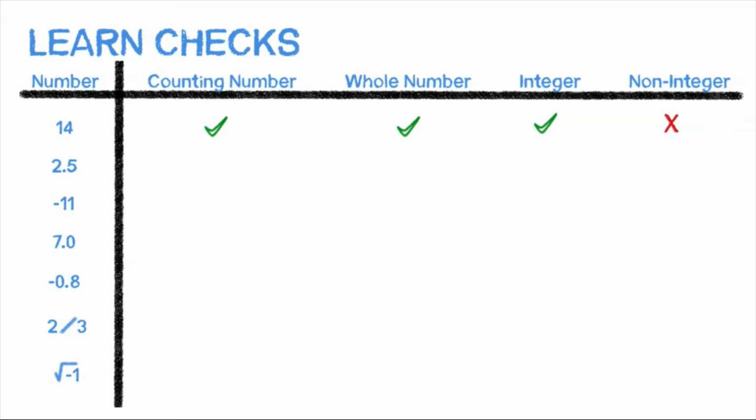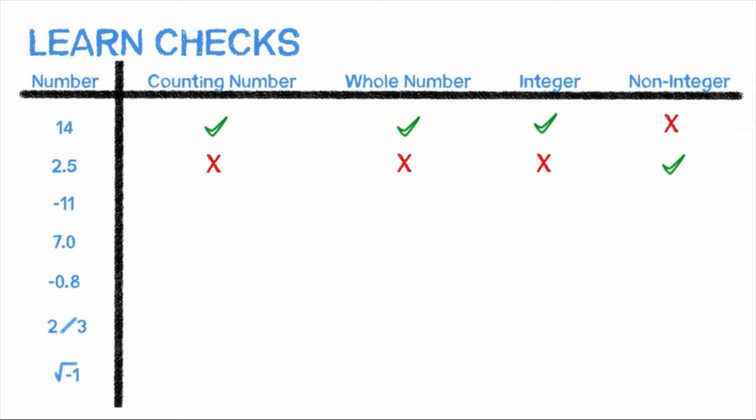Next is 2.5. Is 2.5 a counting number? No, a decimal number is not a counting number. Is 2.5 a whole number? No. Is 2.5 an integer? No. Which means 2.5 is a non-integer.